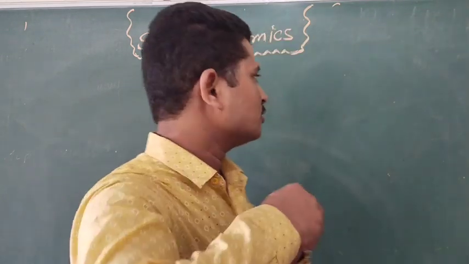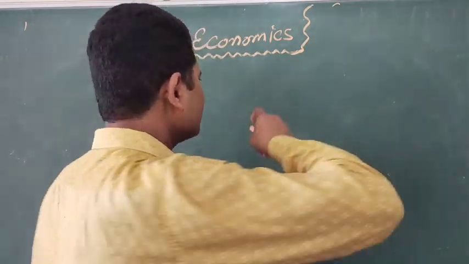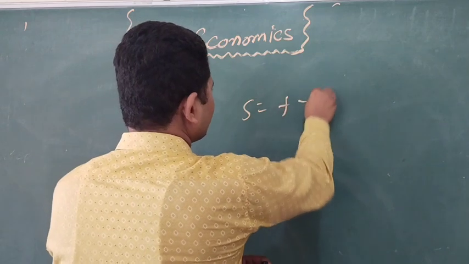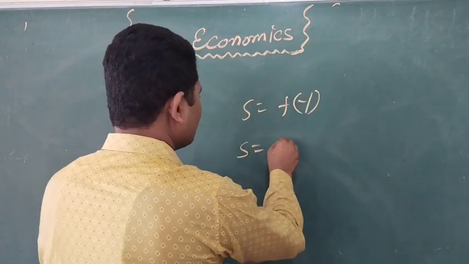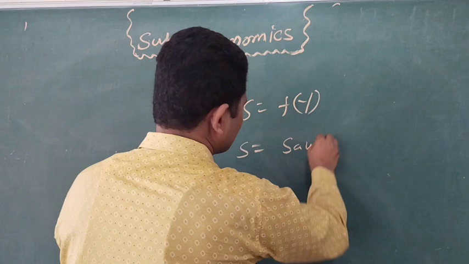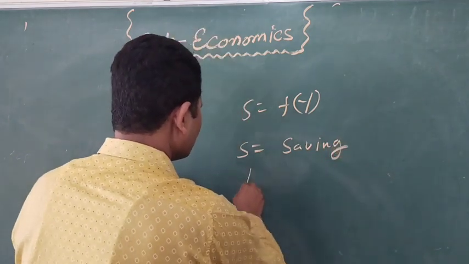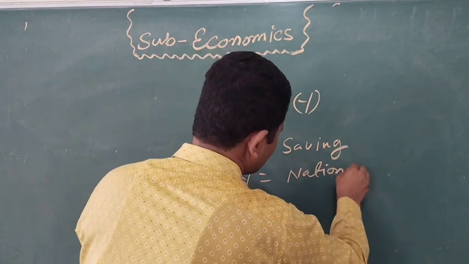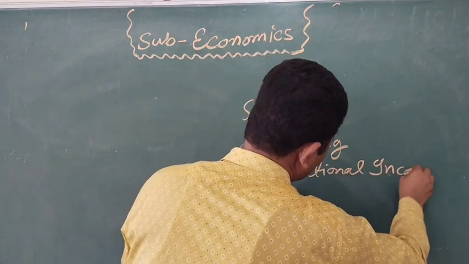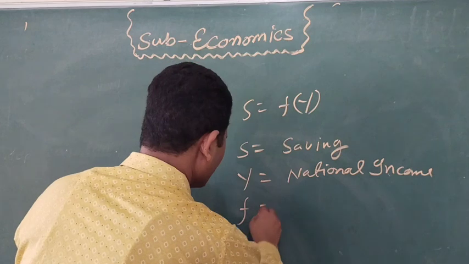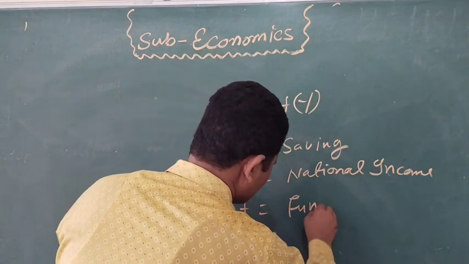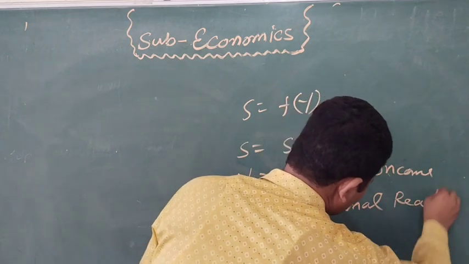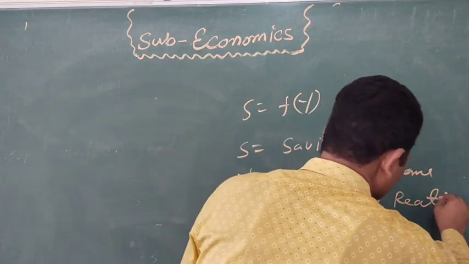Then saving is equal to a function of income, where S equals saving, Y equals income, national income, and F is the functional relation.